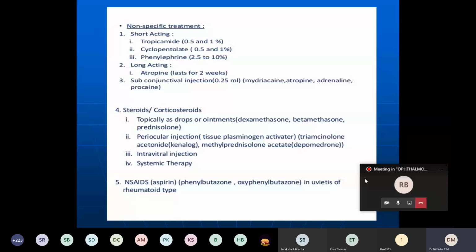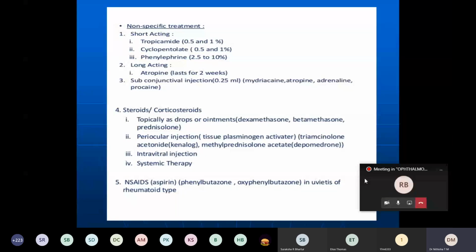When there is a 360-degree posterior synechia which is refractory to break, even with the highest mydriatic, cyclopentolate or atropine we are using, and we are not able to break the synechia, in that situation you have to give an injection called mydricaine injection.